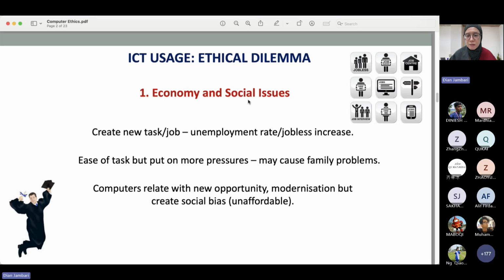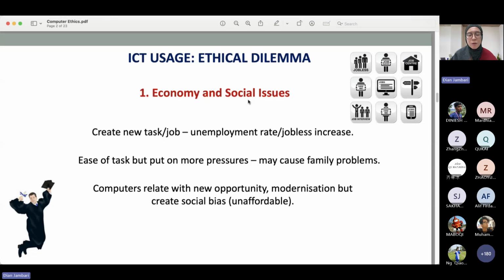We want to maintain being ethical, but there are situations where it's difficult to determine what should be considered ethical in our decision and action, when we are faced with a situation where we need to find a balance between issues related to economy and social.